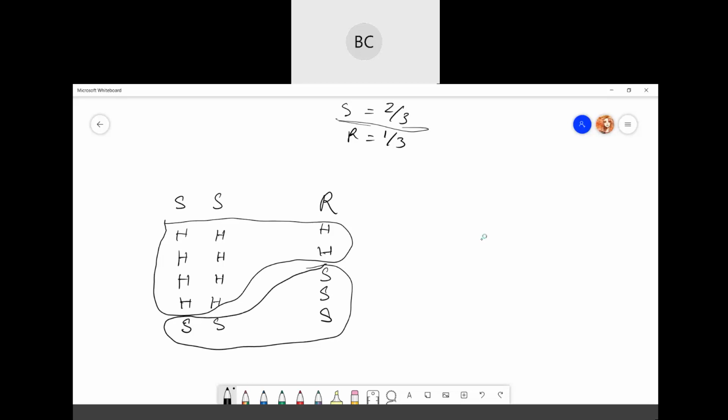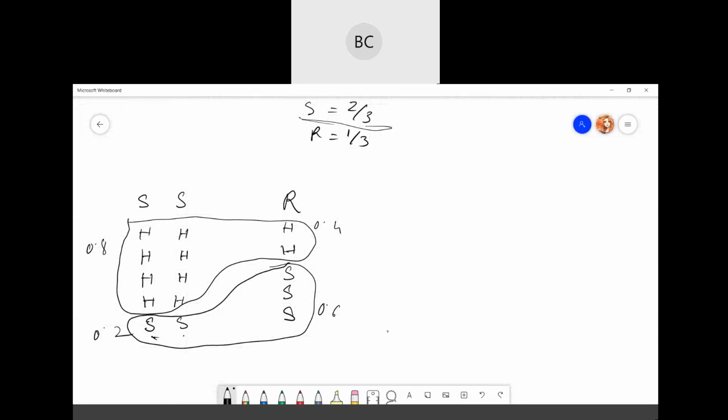So here you can see one. Okay, from here, this part is like 0.8, and here only 2 observations, 0.2. Here it was 0.4, total 0.6. Okay, so with the help of Bayes theorem, how do you calculate this?